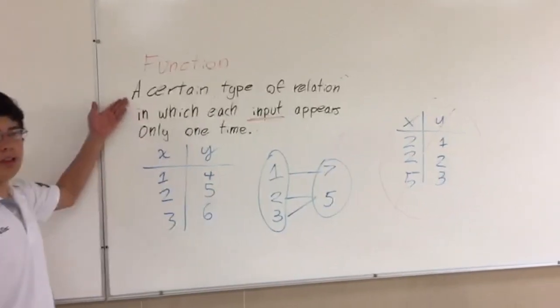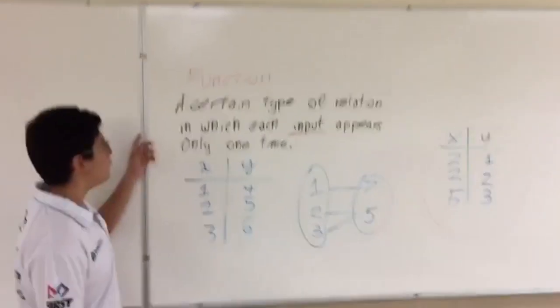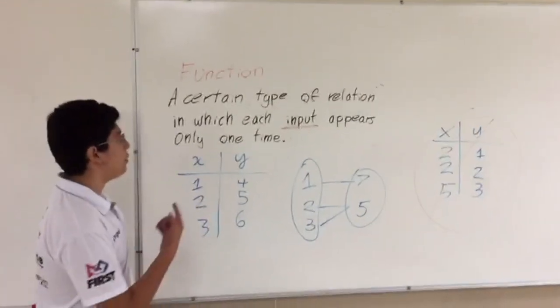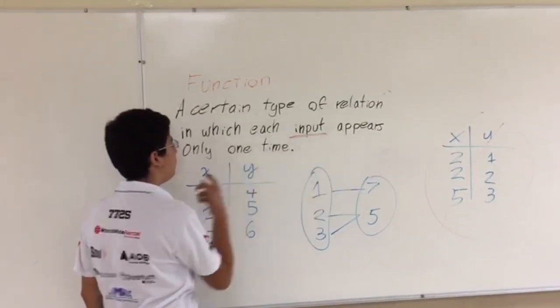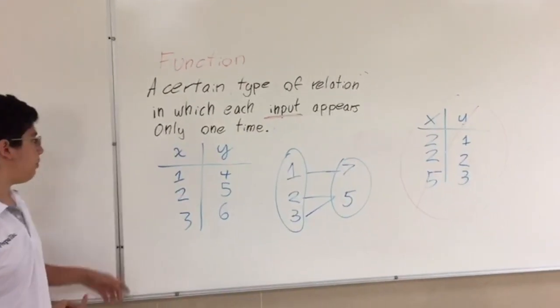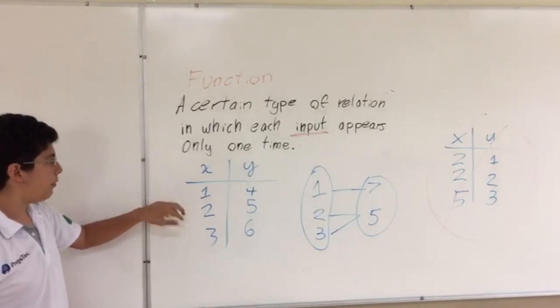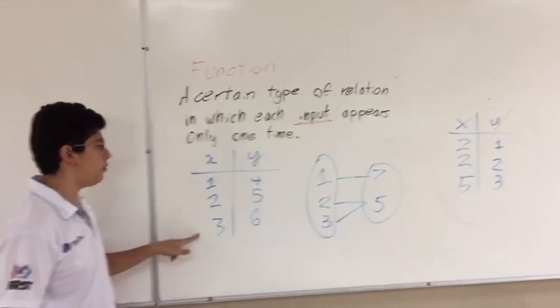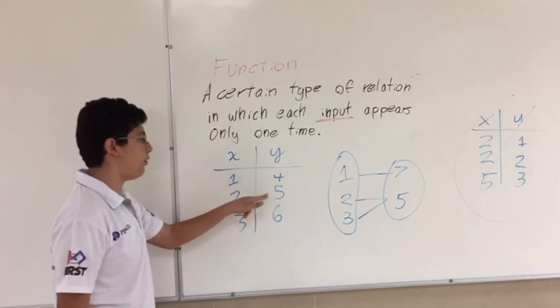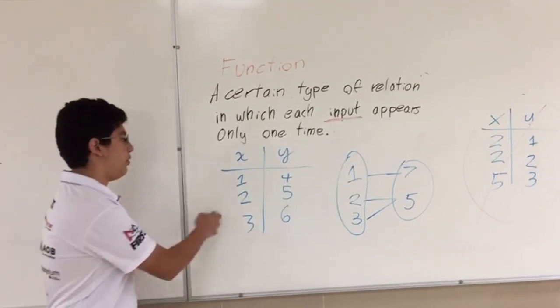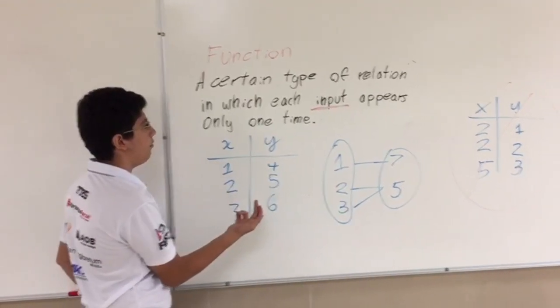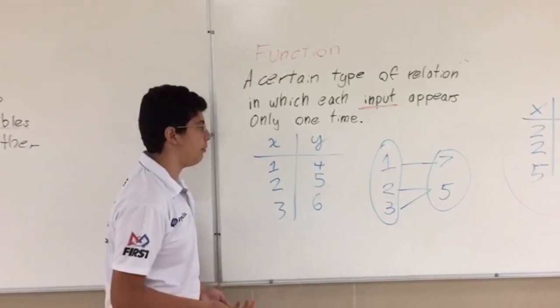So next up is a function. A function is a certain type of relation in which each input appears only one time. So for example, here we have inputs 1, 2, 3, and the outputs are 4, 5, 6, in which they don't repeat the input, so it's okay.